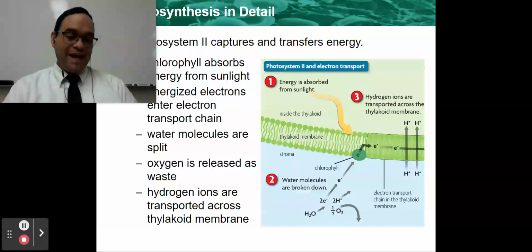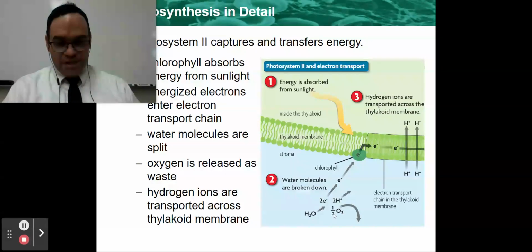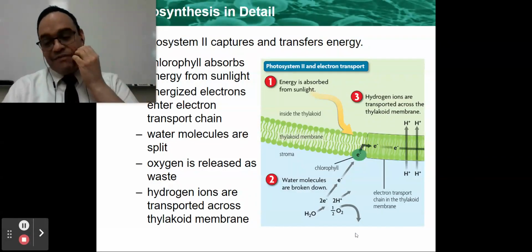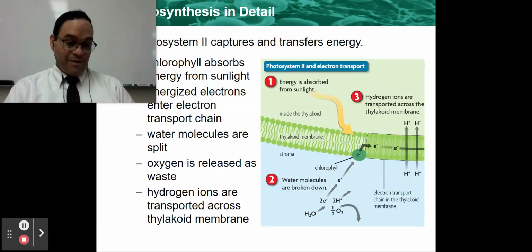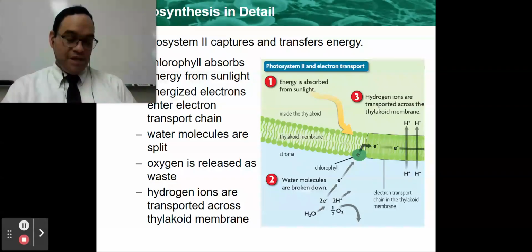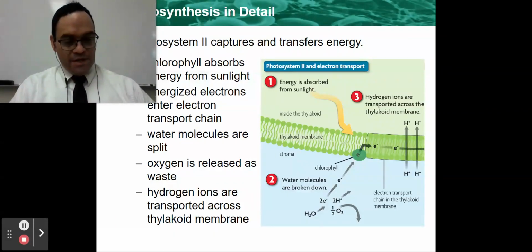So when I'm looking at this reaction, I've got to follow hydrogen, oxygen, and electrons. I'm going to follow oxygen first. So here's oxygen. You can see it kind of comes back around and almost leaves the area. That's because it's a waste product and it's not going to stick around. So oxygen, as having extra and really no use in this process, is gone.